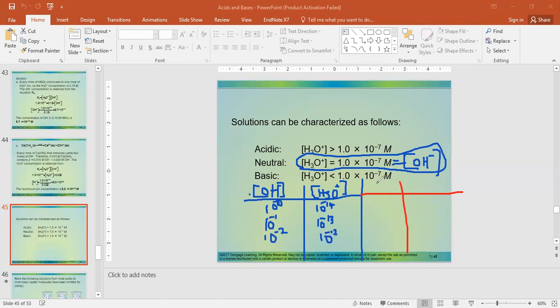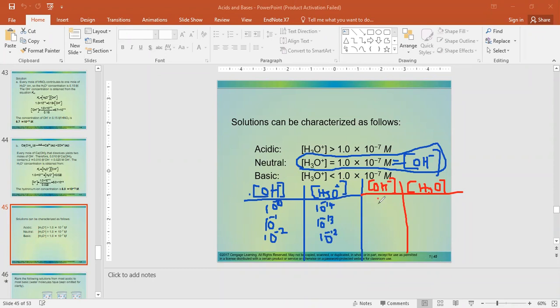Now, if we continue with this one being the hydroxyl ion, and this one being the hydronium ion, we had gone up to 10 to power 2.